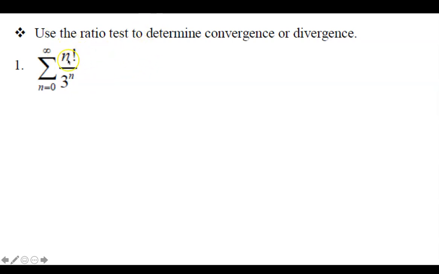Problem is, n factorial gets really big even faster. The factorial operation has the greatest relative growth rate out of all of them. So I would consider this to be top heavy, which means the size of the top supersedes the bottom. The terms are just going to keep getting bigger and bigger and bigger.